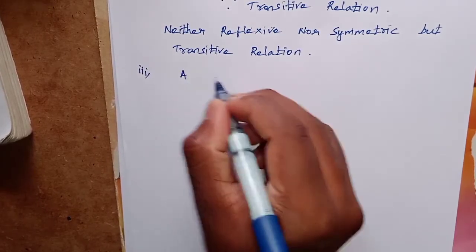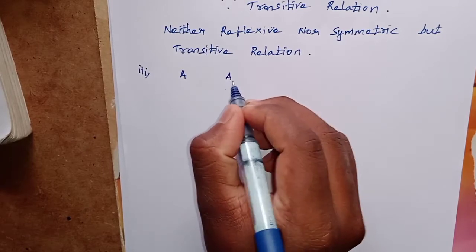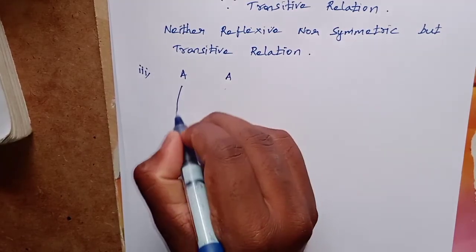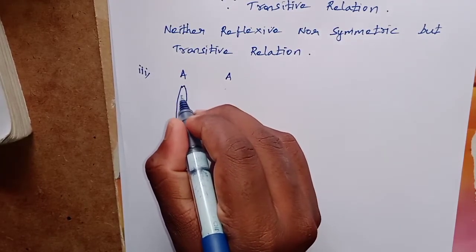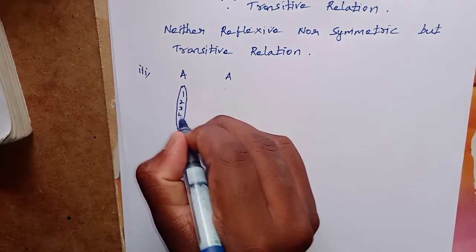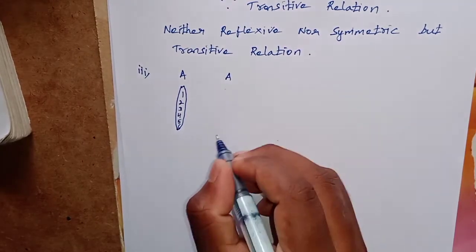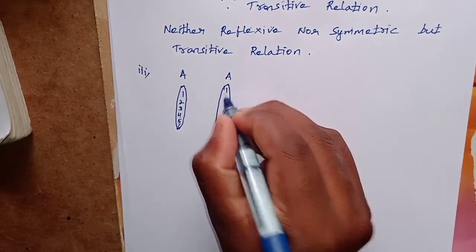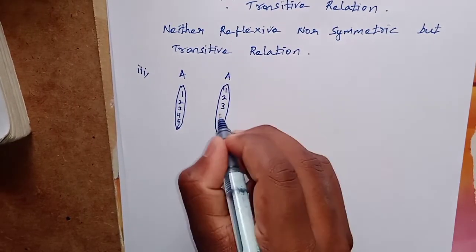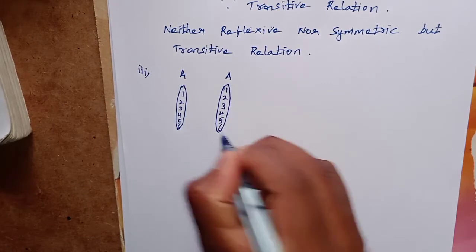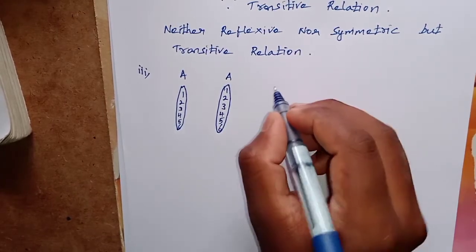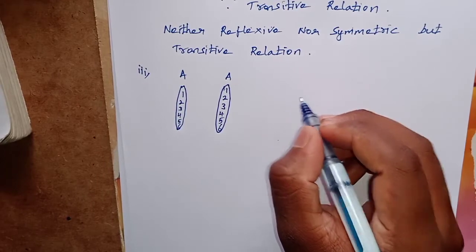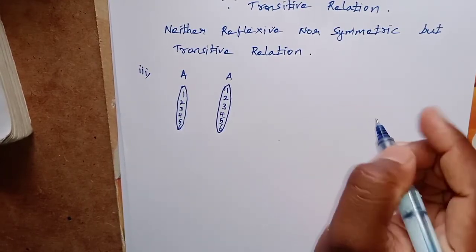Set A, again A, okay, 1 2 3 4 5 6. Here again 1 2 3 4 5 6. You have to check y is divisible by x.